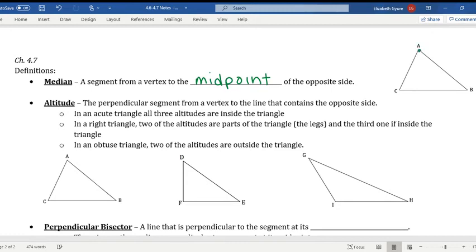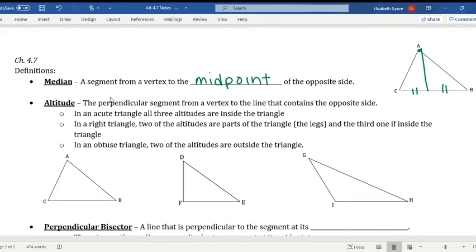For example, you could draw a median from A to the opposite side here, and it's going to split that bottom side into two congruent parts. But you could do the same thing going from vertex B to the opposite side, or from vertex C to the opposite side. So each triangle could contain 3 medians, 3 altitudes, or 3 perpendicular bisectors.